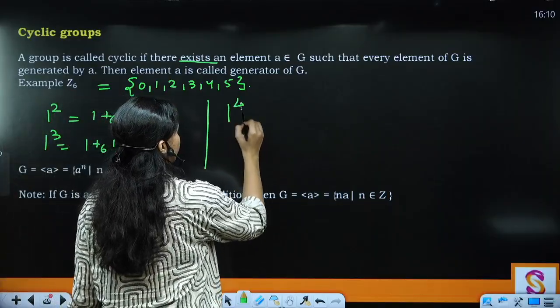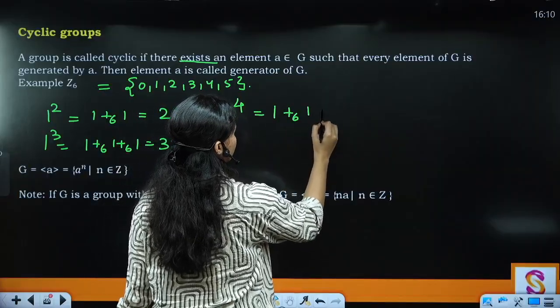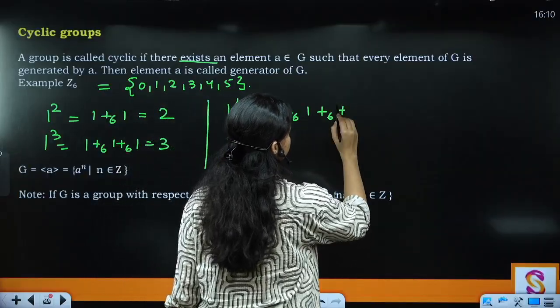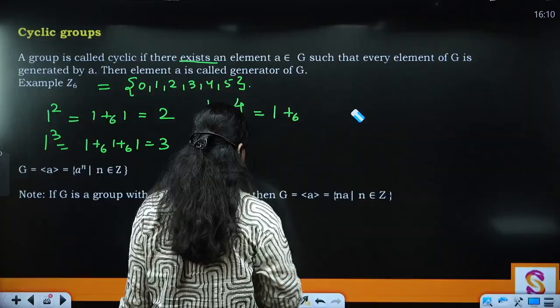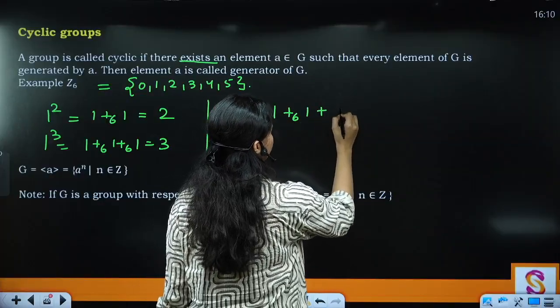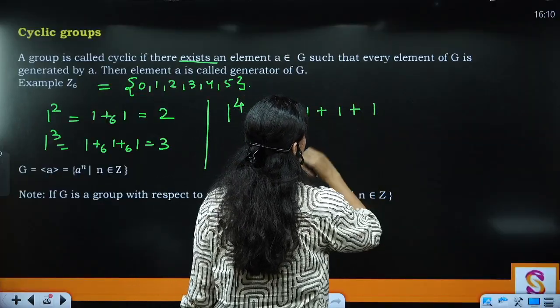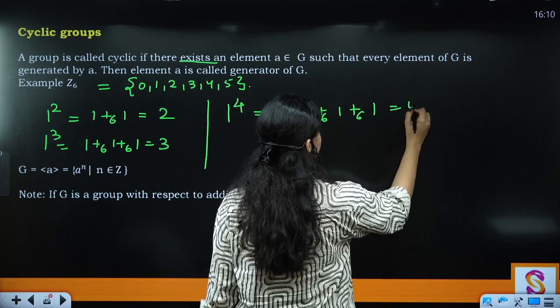Now 1 raised to the power 4 will be 1 plus 1 plus 1 plus 1, giving me 4.